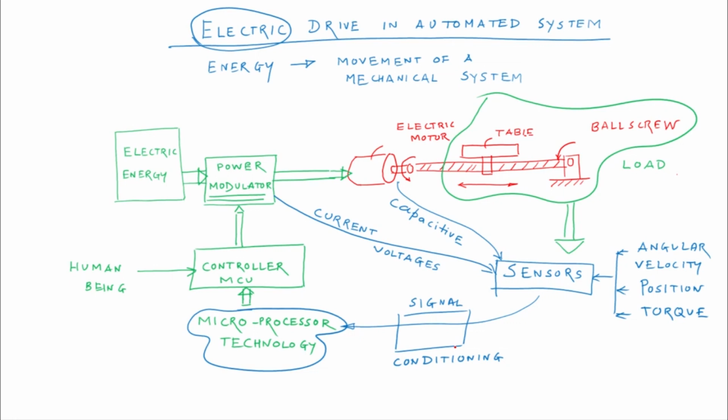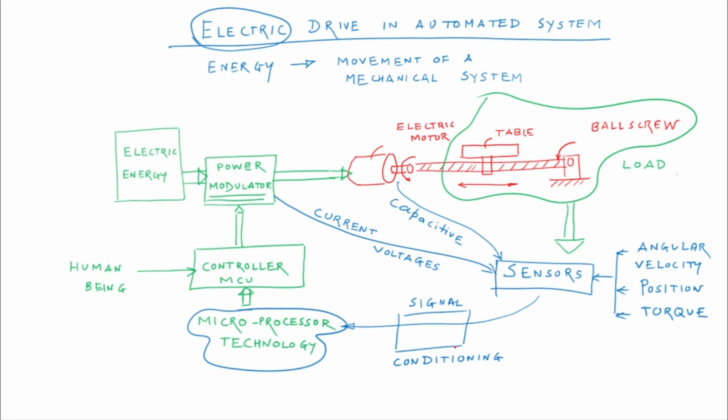So if you look at this diagram, you will find that the electric drive is not only the electric motor, but also has various other elements: the load or the application itself, then sensors, signal conditioning circuitry, use of microprocessing technology, the power modulator, and the electrical energy source as well.